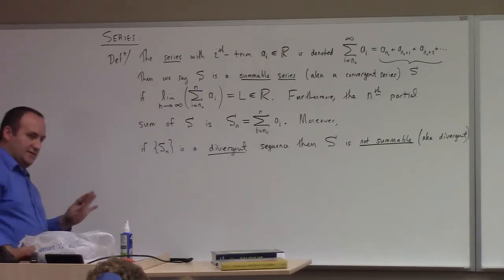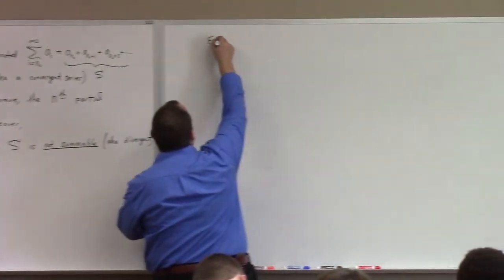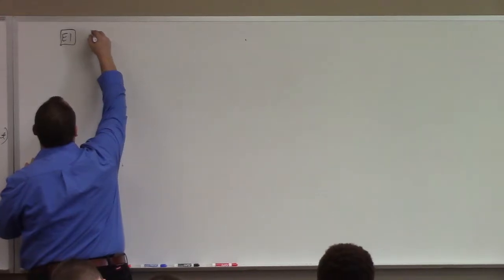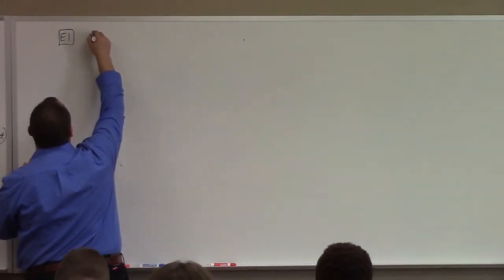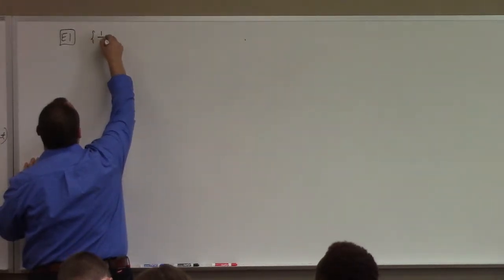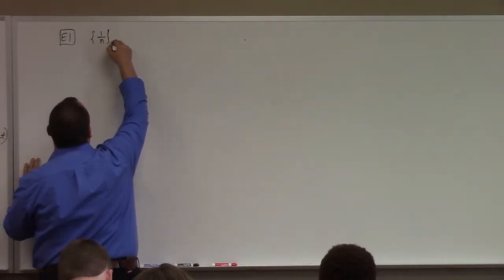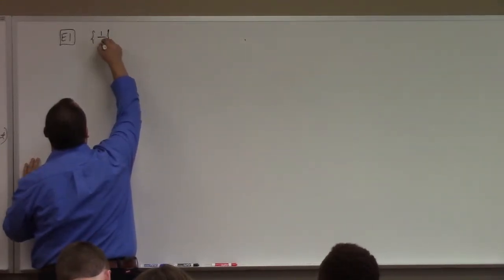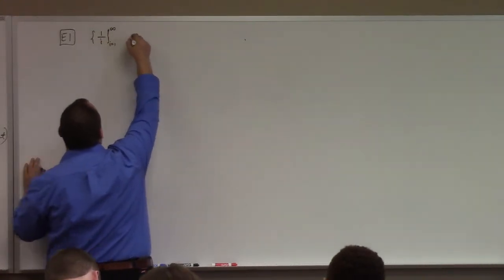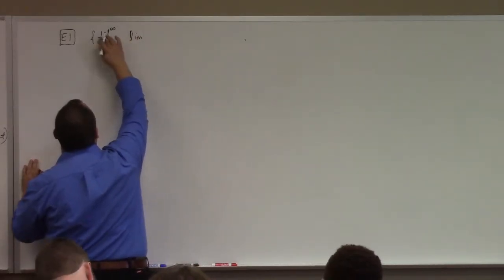Let me, again, illustrate this with an example. So we could look at the sequence 1 over n. Well, maybe I should do 1 over i, i equals 1 to infinity. Oh, I'm sorry, I did 1 and n. I'll make up my mind eventually, guys.